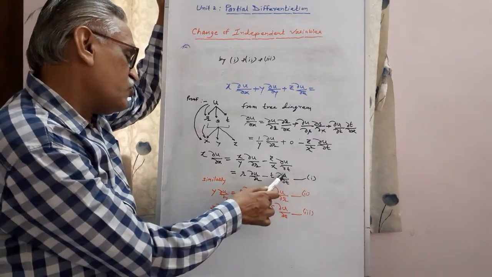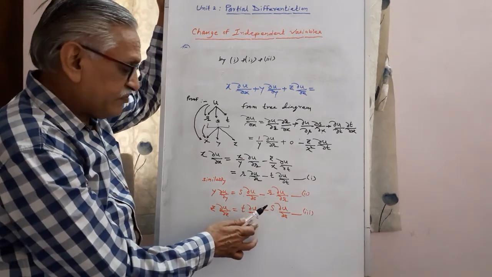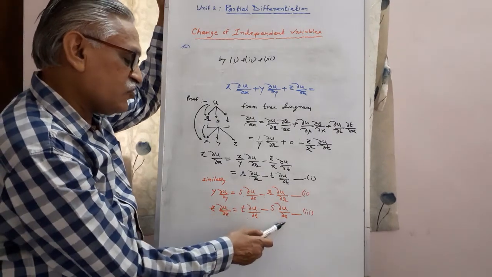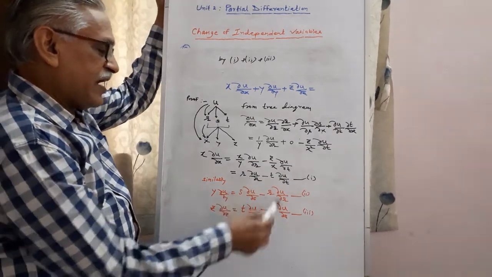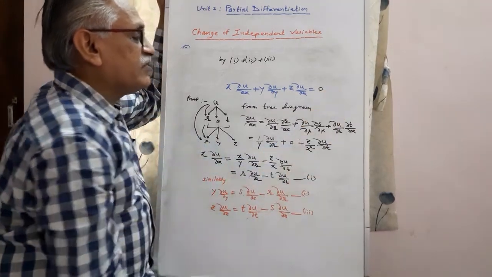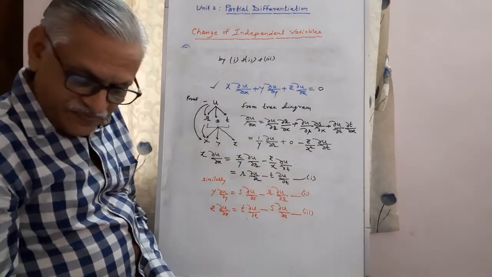This is minus t ∂u/∂t, cancels with this plus t ∂u/∂t. Then s ∂u/∂s minus s ∂u/∂s, and therefore the addition of the right hand side terms is equal to 0. Okay.